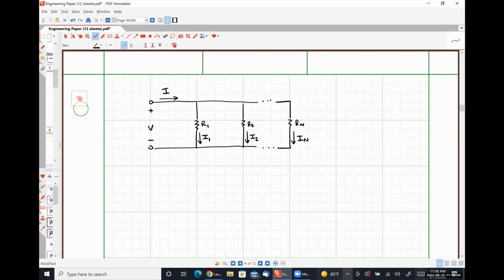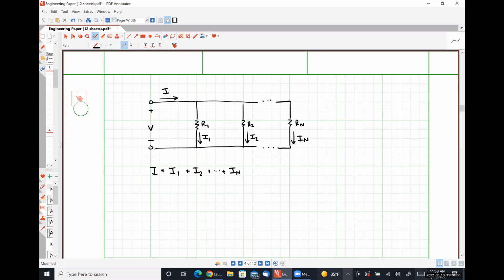If we apply Kirchhoff's current law, we will find that I, the current flowing in, is equal to I1 plus I2 all the way out to I sub n, right? So this is just telling us that our total current I that's flowing into the network splits among all of the resistors that it sees in parallel.